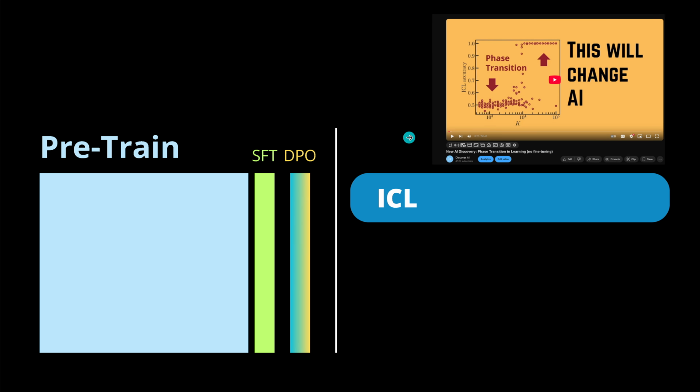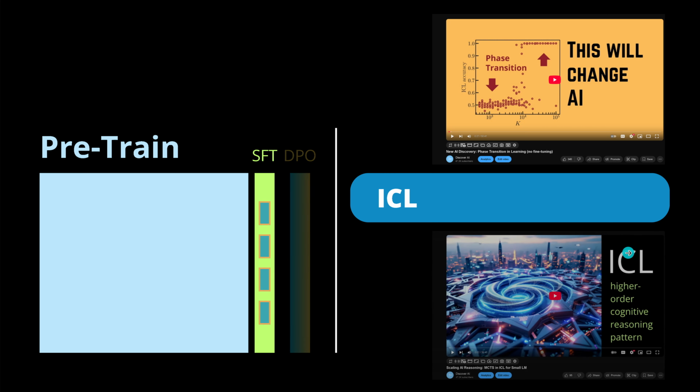Now, you remember in my last video I showed you for this in-context learning that we have a new discovery, a phase transition in the learning capabilities, and I showed you the specific parameters that you can apply for ICL without a fine-tuning that you have to pay OpenAI for, for their O1 model, for example.